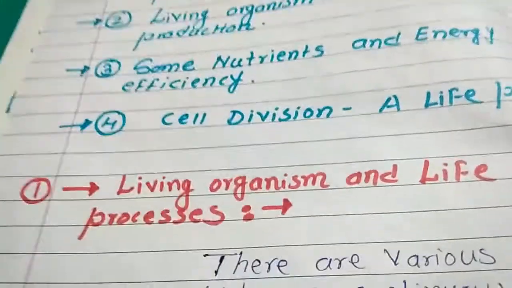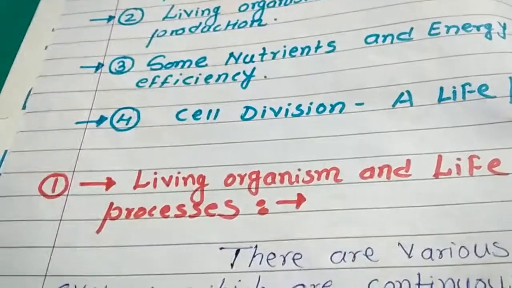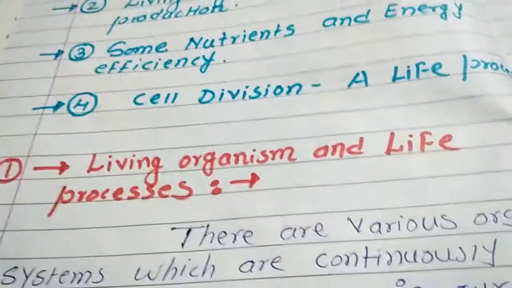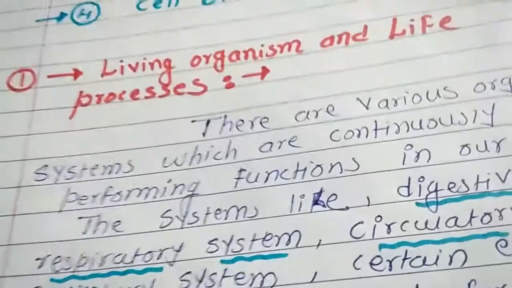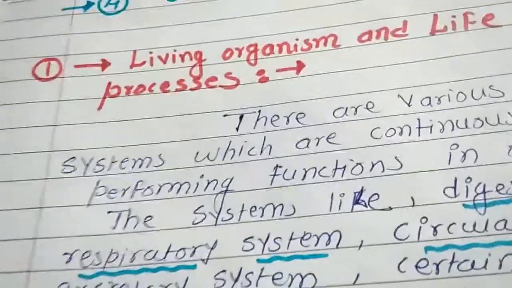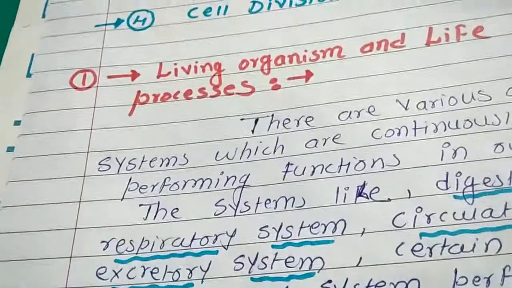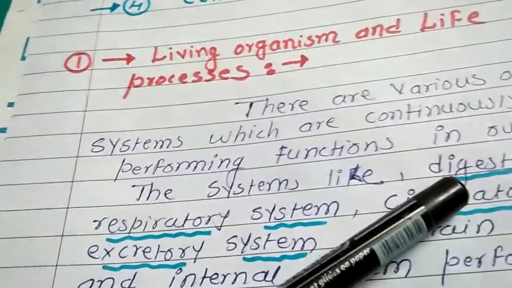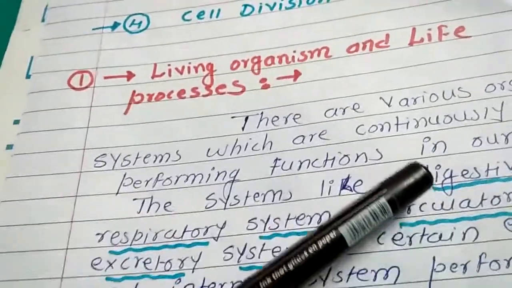Number one is living organisms and life processes. We have to study the first part of this chapter. There are various organ systems in our body which are continuously performing functions, and they work in coordination with each other.